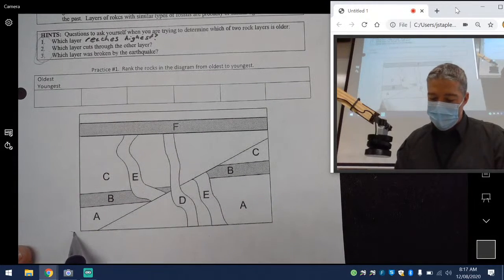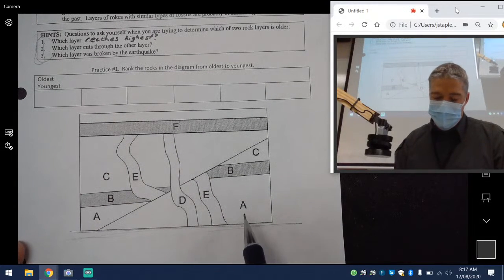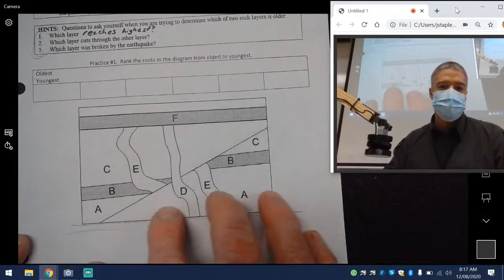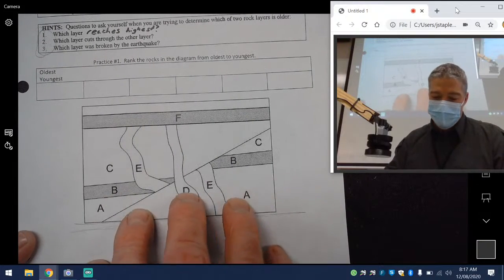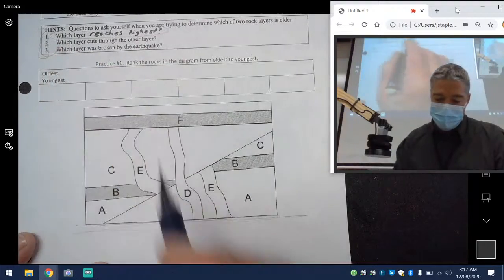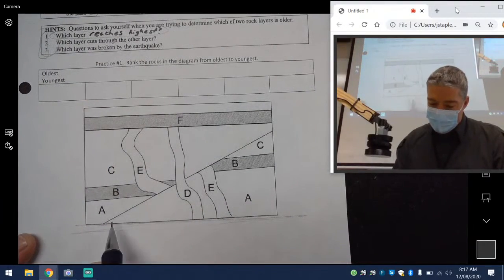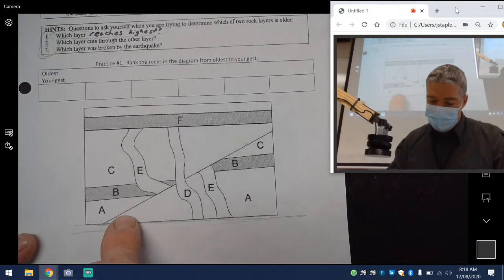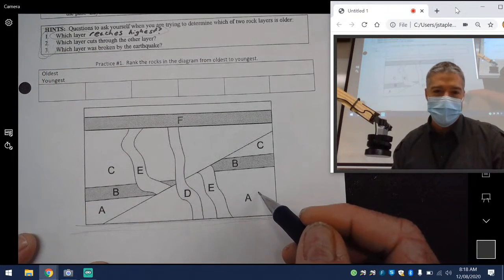So I start at the bottom, because the oldest thing should be at the bottom, and then I start working my way up, and I ask myself which layer reaches highest. So if I'm at the bottom, I've got layer A. That's really the lowest thing. Forget about this question for a second. Does anybody see anything below layer A?